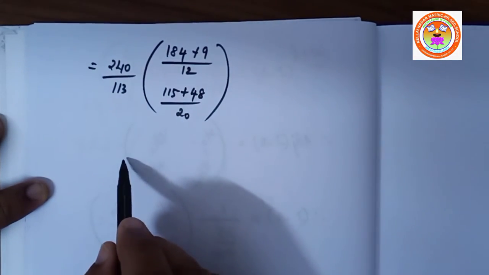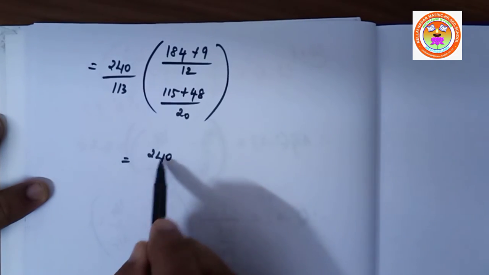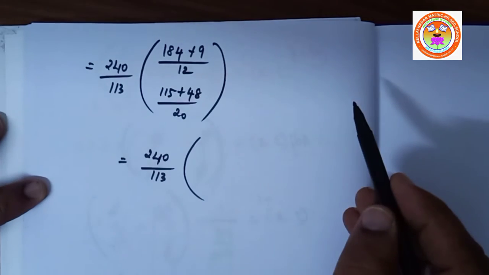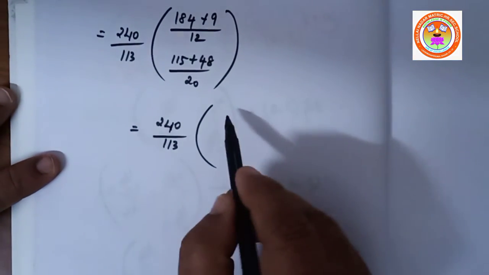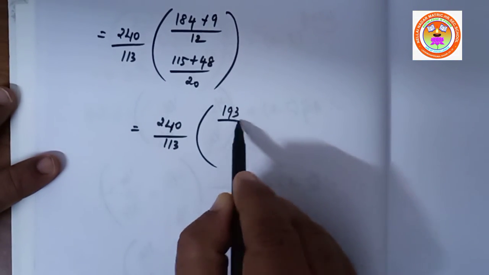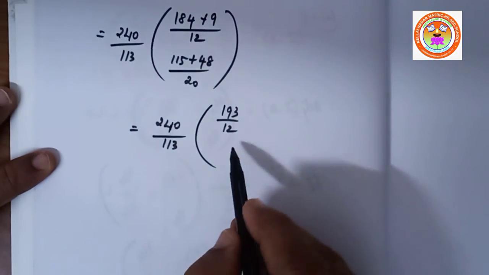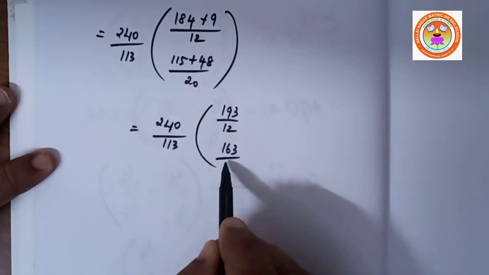Then simplify: 240 divided by 113 as it is, then add these two. 184 plus 9 is 193 divided by 12. 115 plus 48 is 163, so 163 divided by 20.